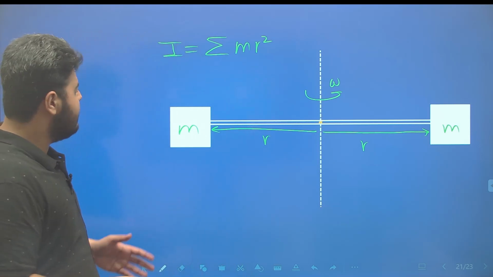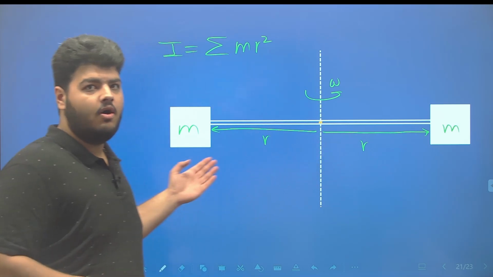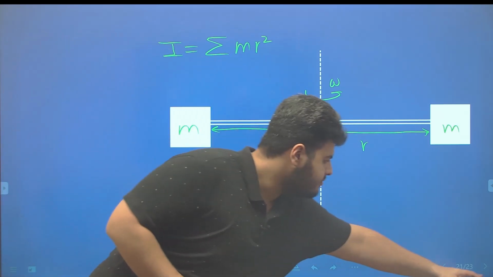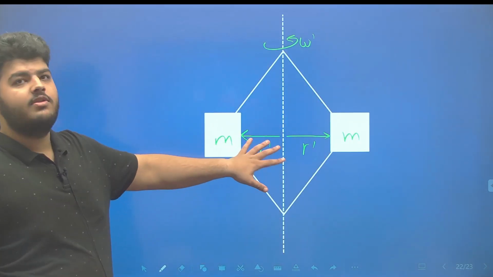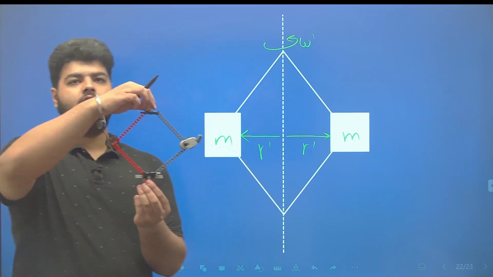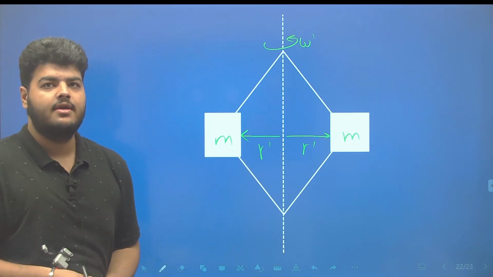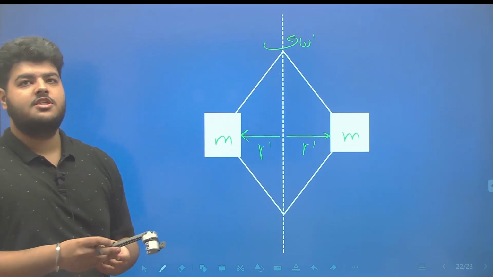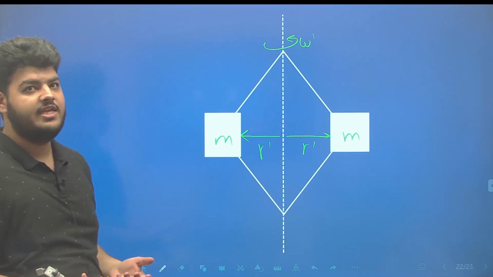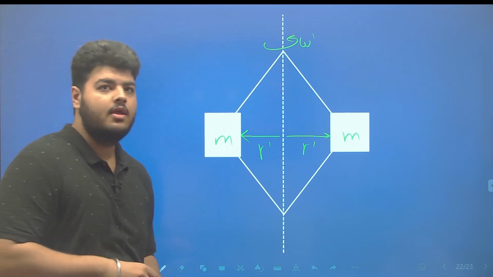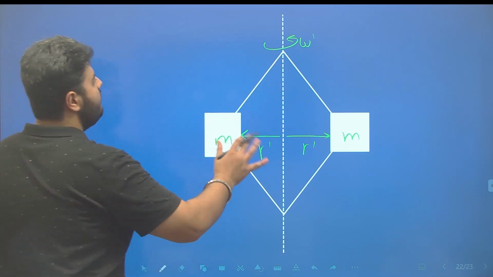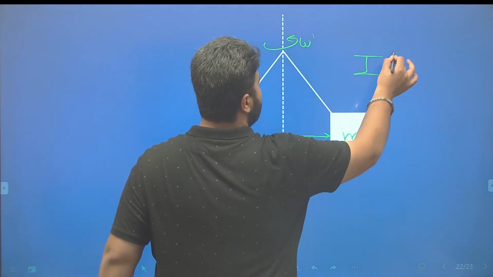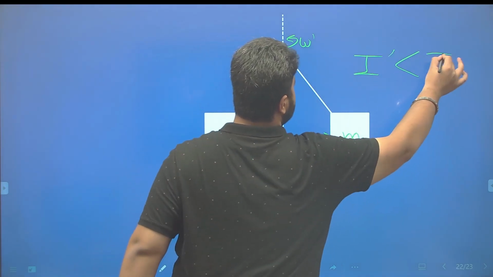Here I can see that the r of this configuration is more than the r of the new configuration. And this new configuration, because it spins faster, obviously has a different angular velocity. From here I can see that the moment of inertia of this configuration, I dash, is less than the previous configuration.